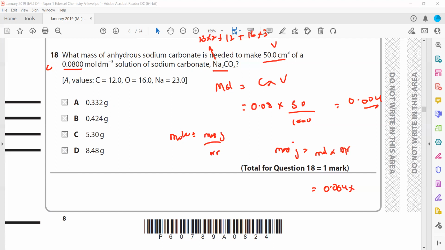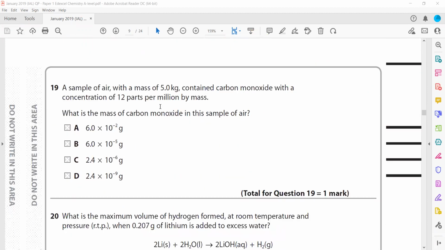The molar mass will be 106. So 106 multiplied by 0.004 equals 0.424. So 0.424 grams of sodium carbonate will be there in a solution of volume 50 cm cube and 0.08 mole per decimeter cube.